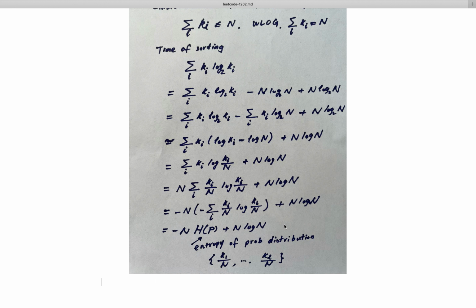In other words, it's bounded above by n log n if we just want a rough bound. More precisely, the real time is given by n log n minus n times the entropy of the corresponding partition, subject to a specific problem. So that's about the time complexity analysis.